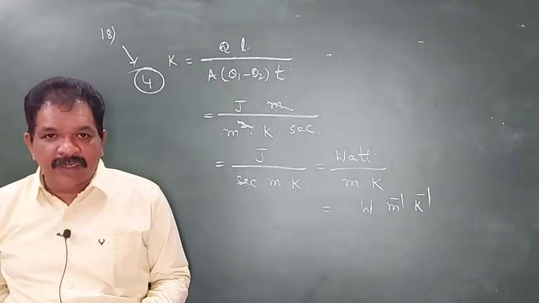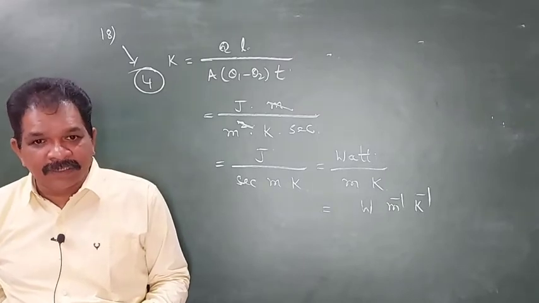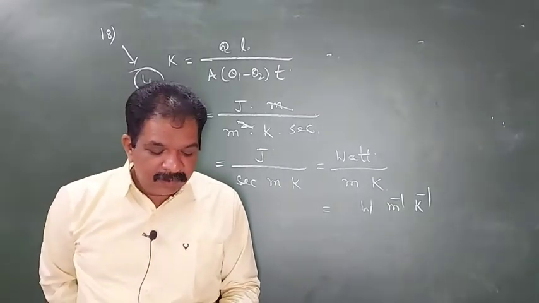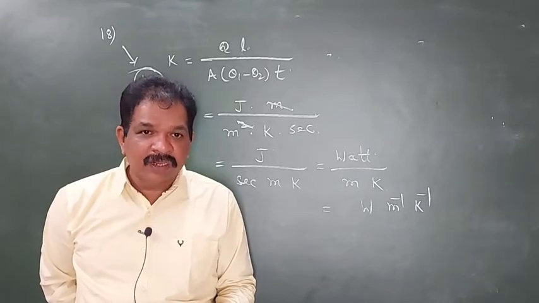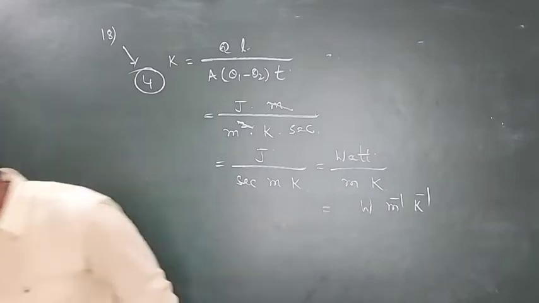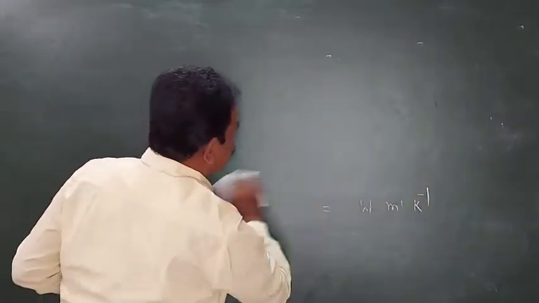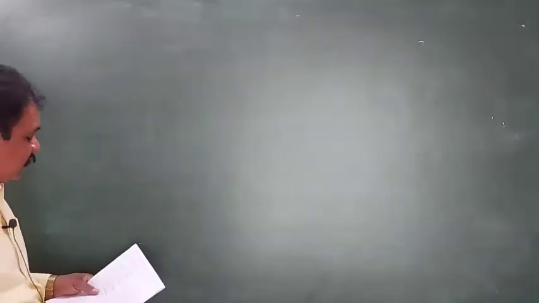In an experiment, the percentage error occurred in the measurement of physical quantities A, B, C and D are 1%, 2%, 3% and 4% respectively. Then the maximum percentage of error in the measurement of X is how much? Okay. See. Next, 19.